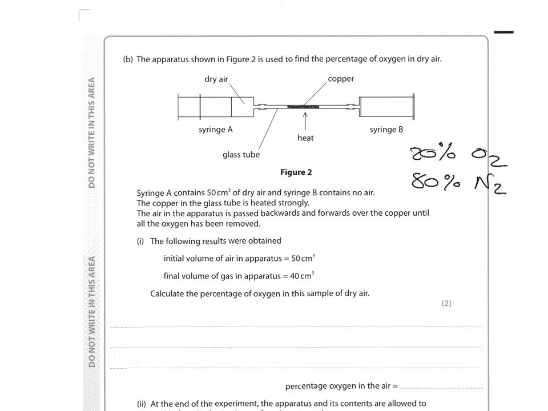That's the information. So you're looking at 20%. Well, the change in volume is 10 centimetres cubed, and it's 10 out of 50. So the percentage of oxygen is 10 divided by 50 times 100, which equals 20%.